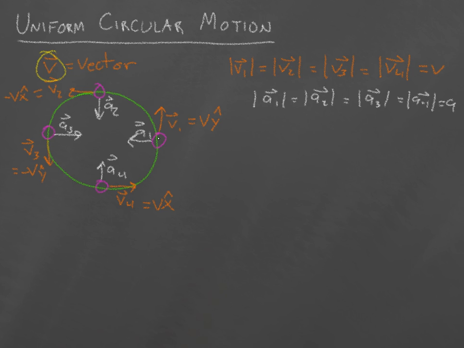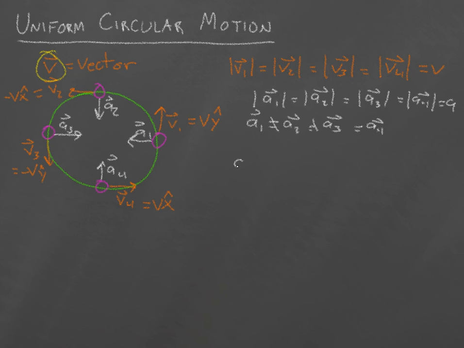It's always the same constant magnitude acceleration pointing in. But once again, a1 is not equal to a2, which is not a3, which is not a4, because it's a vector, and these are all pointing in different directions, even though it's always toward the middle of the circle.